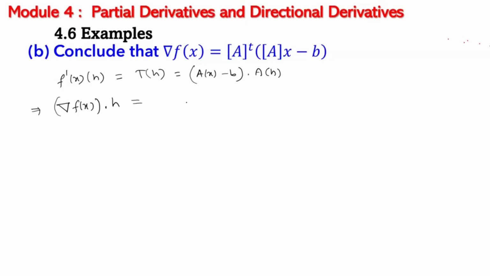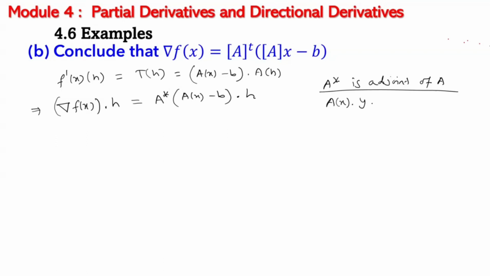So this is equal to A star times Ax minus b dot h, and A star is the adjoint of A, defined as Ax dot y is equal to x dot A star y.